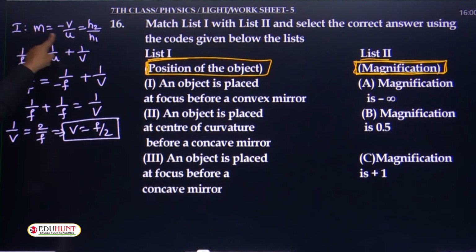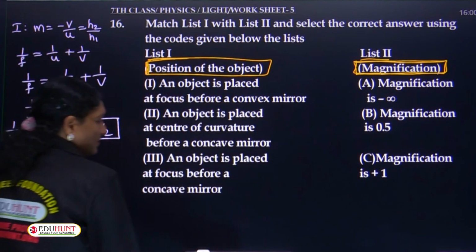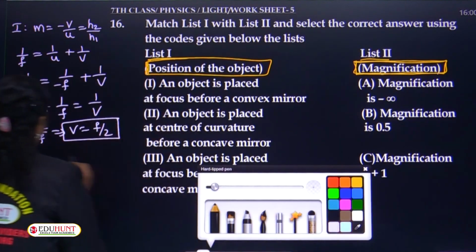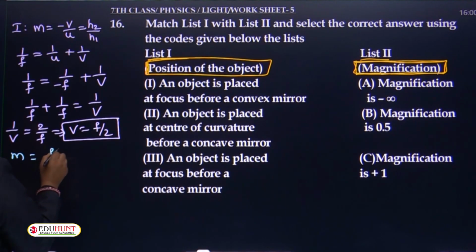But you need to find out the magnification. In order to find the magnification, m must be equal to v upon u. What is v? f by 2. What was u? f. So simplifying this, are you getting positive or negative? Positive f by 2 you are getting.